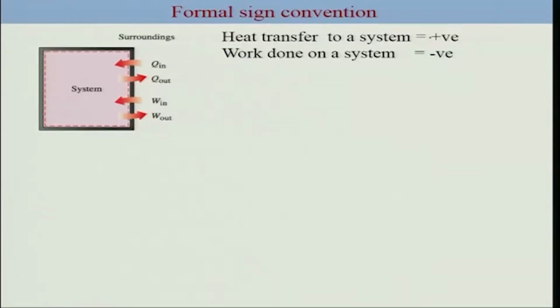Heat transfer to a system is positive, and work done on a system is negative. Or in other words, we are going to define Q in, Q out, W in, W out. Specific directions are already provided here. So if you are not aware of the direction, you can assume a direction and do the calculation. If the value is positive, that means your assumption is right. Otherwise, you have to change the direction.